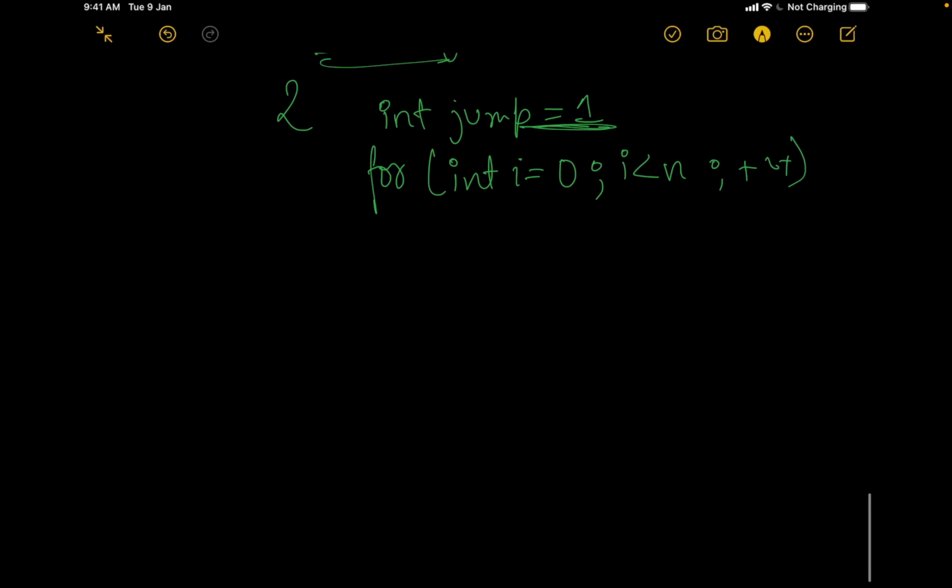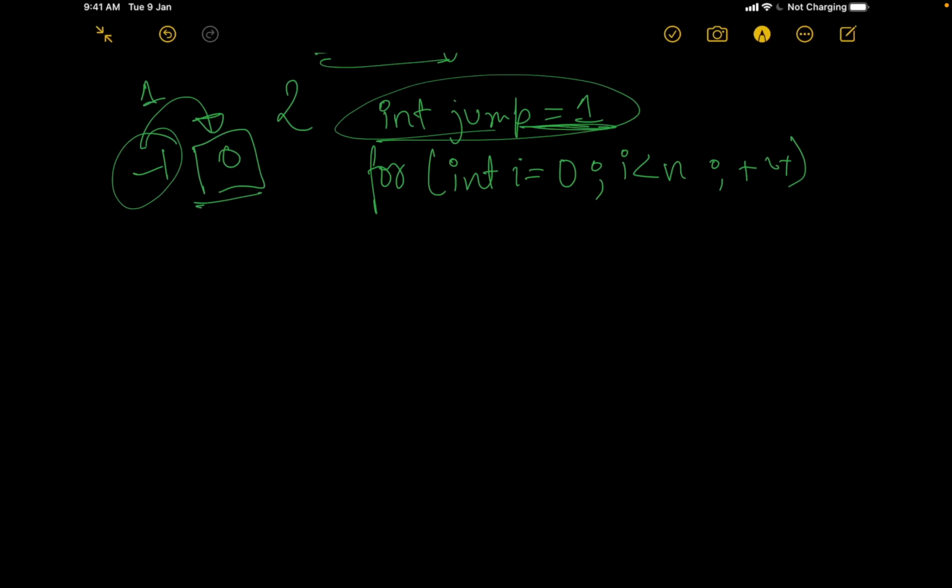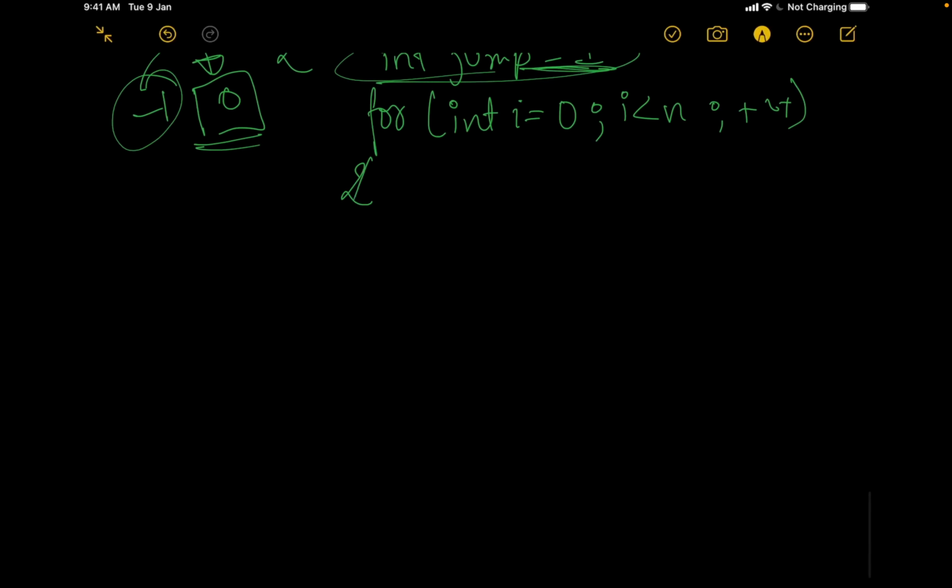The reason I'm doing this is that we are actually starting at 0, but I'm assuming I'm starting at -1 and giving it a jump of 1 so that it can come to 0. That won't change anything, but it makes the code more intuitive and easier to understand. So as soon as I reach an index, I first subtract my jump, because I've already traversed one step in the right direction.